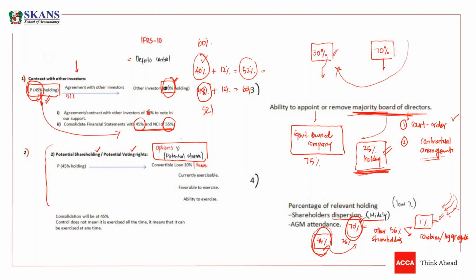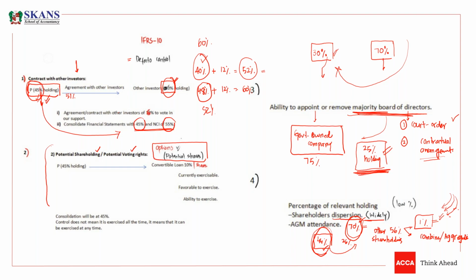They are just a loan, but they have the potential to give you further shareholding in that company. So these are potential voting rights. It means we don't have these voting rights right now, but sometime in future we can exercise these convertible loans, we can exercise these options, and we can control the company by acquiring more shares. Okay.